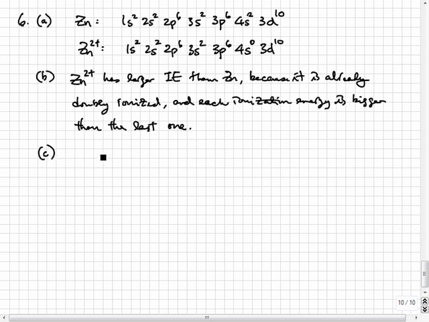C. In this reaction, Al on the reactant side goes to Al³⁺ on the product side. The oxidation state of Al is 0. For Al³⁺, it is +3. So Al is oxidized.